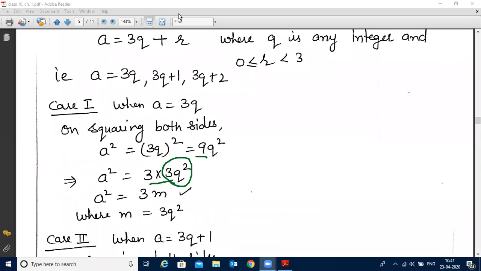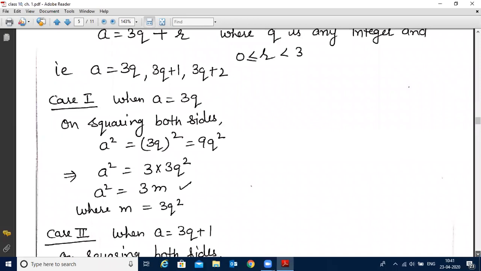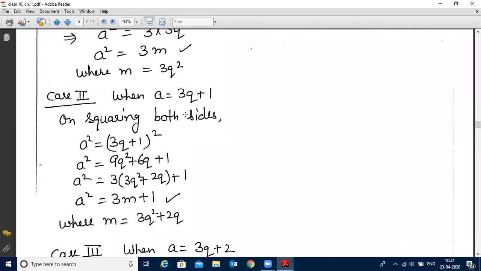Now we will discuss more cases, that is case number 2, when a is equal to 3q plus 1. When we square both sides, we get a square is equal to 3q plus 1 whole square. On applying the identity, as you already know that in your 8th standard you have read about the identity, that is x plus y whole square is x square plus 2xy plus y square.